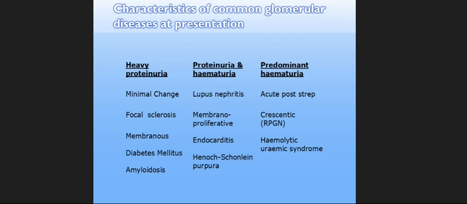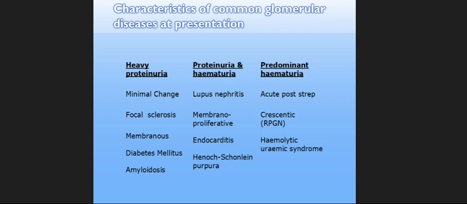Those examples are acute post-streptococcal GN, crescentic GN, or what is called rapidly progressive GN, which is one of the bad entities in this bad group of pathologies.